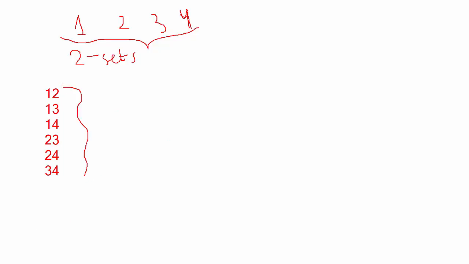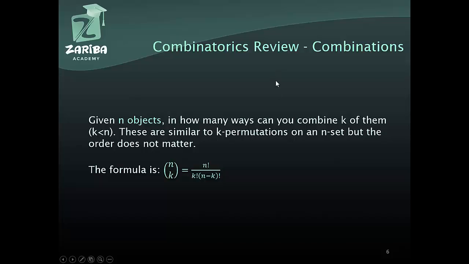All right, and listing these is also what we want to do with some algorithms that we'll be doing a bit later. But what's the number of combinations? It's slightly harder. It's basically this formula.